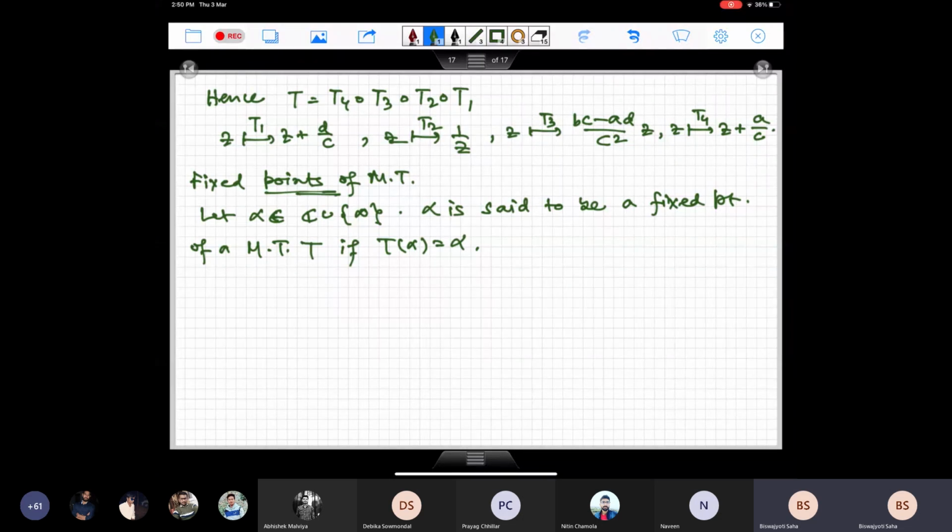Okay, so if that happens, then I call alpha a fixed point of the Mobius transformation. Of course, if I start by taking the identity Mobius transformation, then every point is a fixed point.